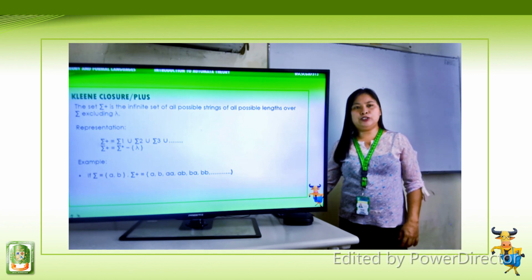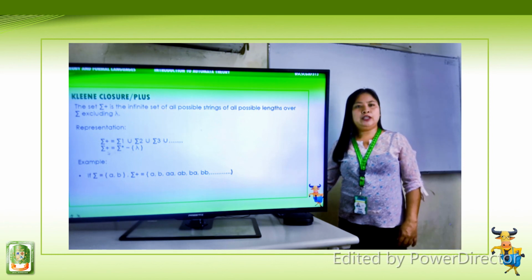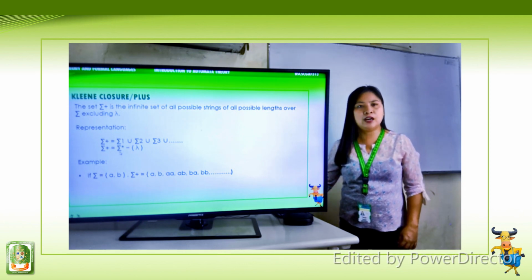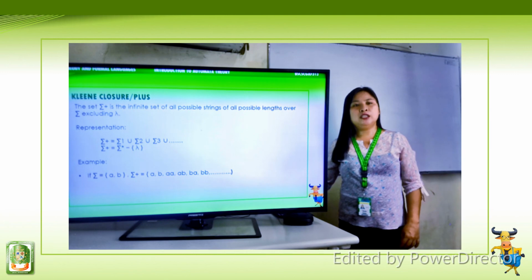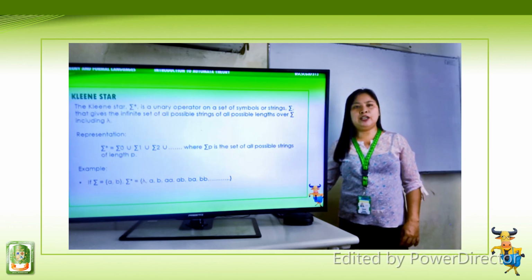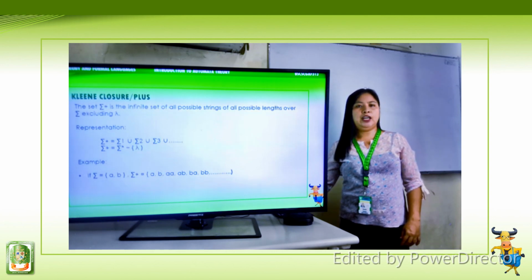The Kleene closure symbol equals the union of the sets alphabet 1, alphabet 2, alphabet 3, and so on and so forth. The Kleene plus equals the Kleene star minus the empty string. As I said, it is similar to the operation of the Kleene star, except we do not include the empty string.